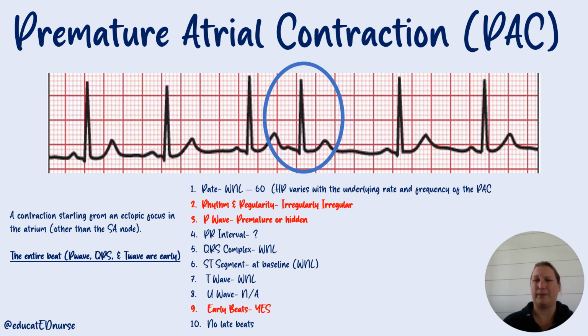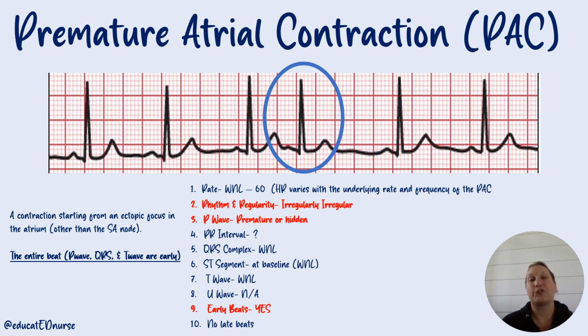So let's talk a little bit about why this happens. A PAC, or premature atrial contraction: normally the thing that stimulates the atria to contract is the SA node, which is high up in the right atria. The SA node fires and sends an impulse across the atria to the AV node, and that stimulates the atria to contract. Now, every cell in your heart has the ability to be its own pacemaker.